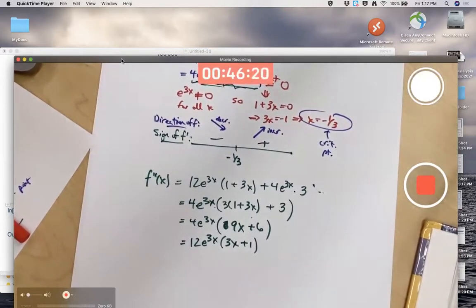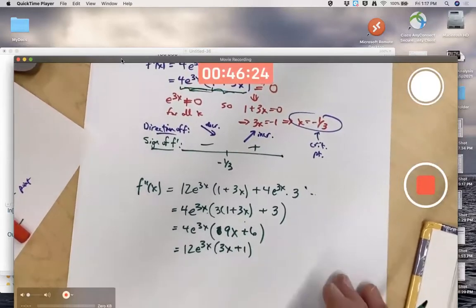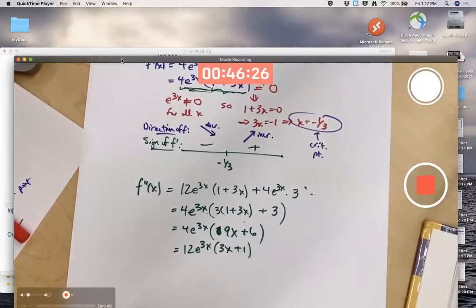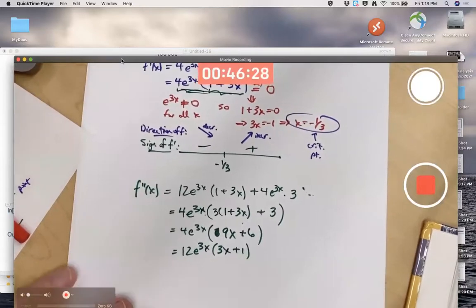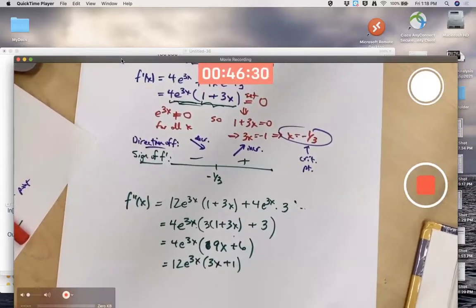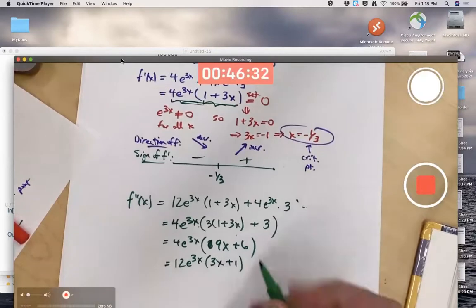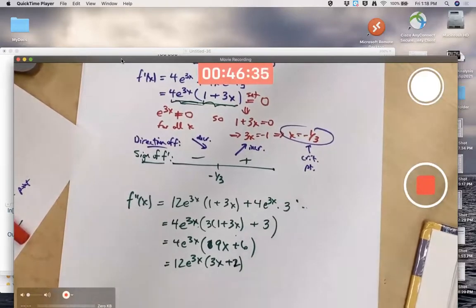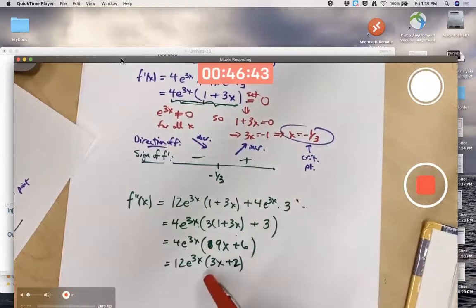Hopefully I didn't make a mistake. I'm seeing something kind of interesting here, and perhaps unexpected, unless I made a mistake. Yeah, okay, 3x plus 2, thank you. All right, that's a little bit more comforting. I was going to say the inflection point's occurring at the critical point if this was a 3x plus 1, which can happen, but is not typical.